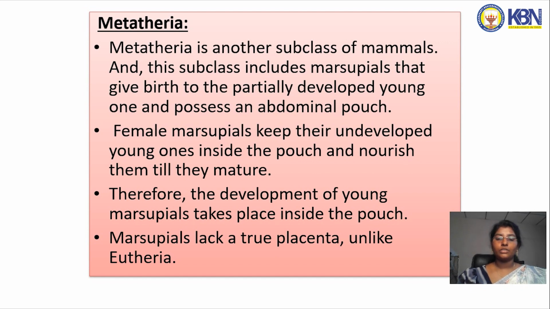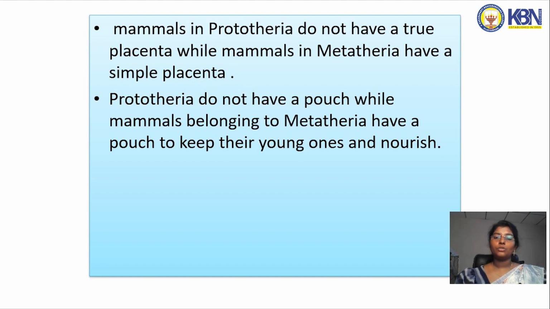Therefore, the development of young marsupials takes place inside the pouch. Marsupials lack a true placenta, unlike Eutheria. Mammals in Prototheria do not have a true placenta, while mammals in Metatheria have a simple placenta. Prototheria do not have a pouch, while mammals belonging to Metatheria have a pouch to keep their young ones and nourish them.